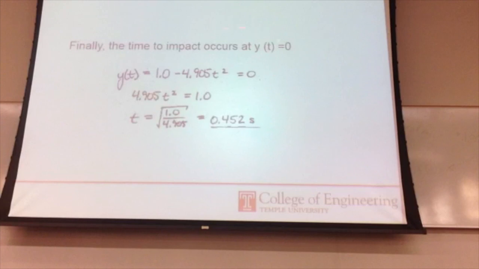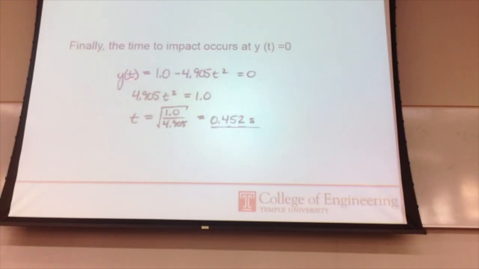So when does the ball hit? We figured out the function for velocity. We figured out the function for position. And the next question is, at what time does the ball hit the ground? What time does it reach y equals 0? We're going to solve this equation for t, knowing that the initial position is 1 meter and the final position is 0 meters.